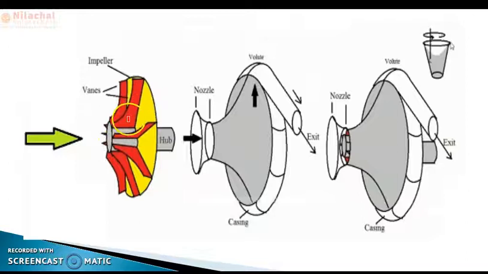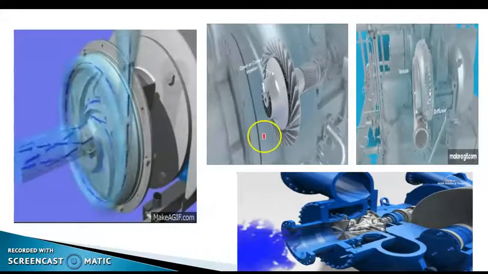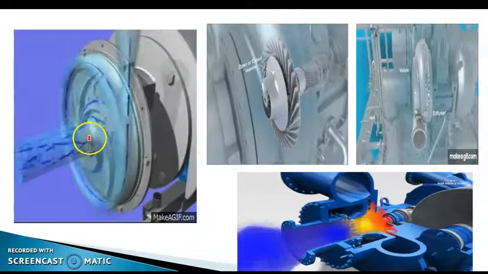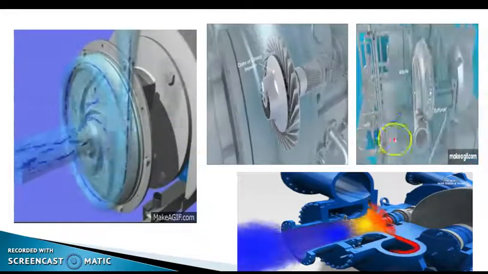As the impeller rotates, centrifugal force carries it to the periphery, where it passes through the diffuser. In the diffuser, the kinetic energy is converted to the pressure energy. At the inlet, you are using the nozzle so that pressure energy is converted to kinetic energy, and kinetic energy is increased.